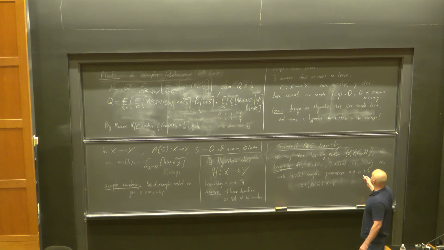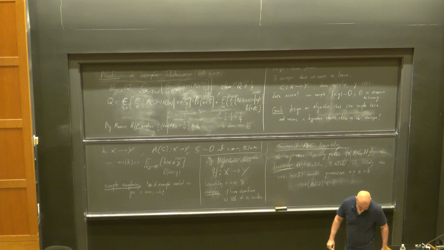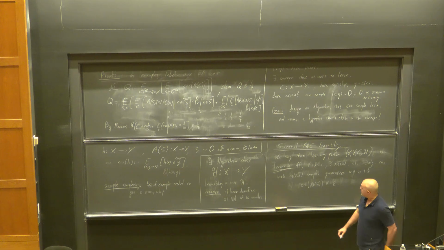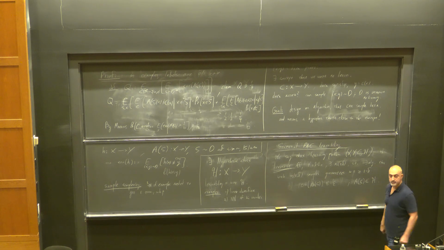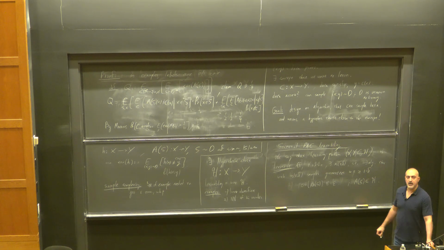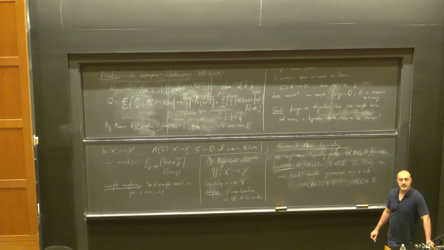So we can say A of S belongs to H. This is called proper learning. The algorithm returns a hypothesis from the hypothesis class. If I wanted to learn a neural net, I return a neural net. If I wanted a linear classifier, I return a linear classifier.